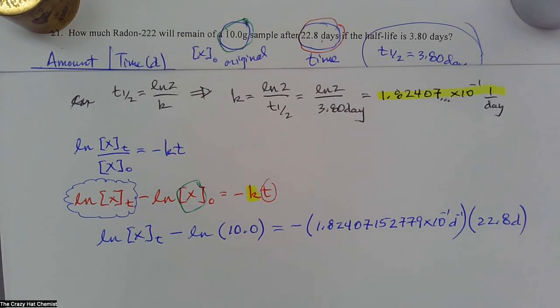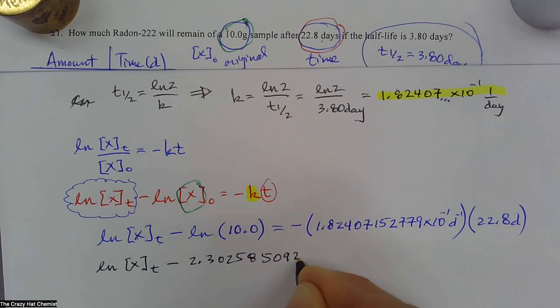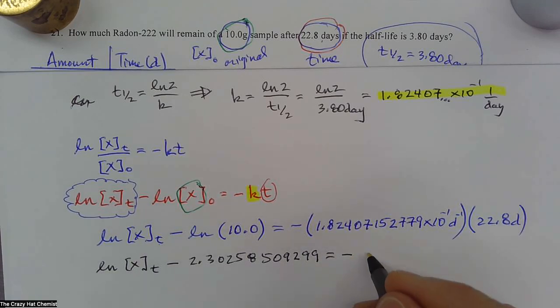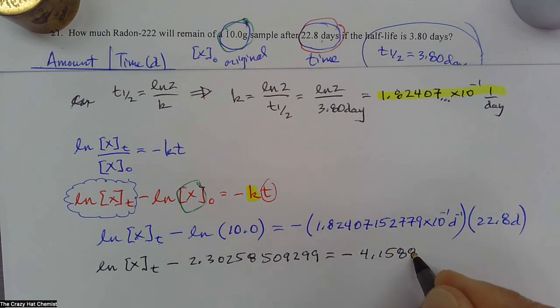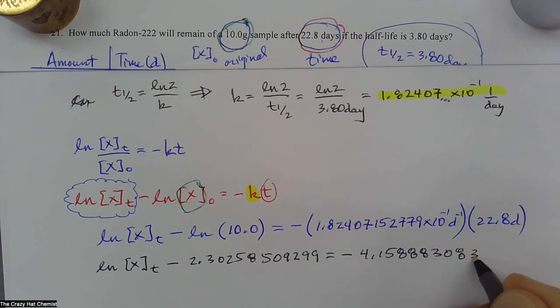Okay, all right, fantastic. So now we're going to do our math. We're going to solve for this x sub t. So natural log of x sub t minus natural log of 10, which is 2.3025850929, is equal to negative the product of these two numbers, 4.15888308336.